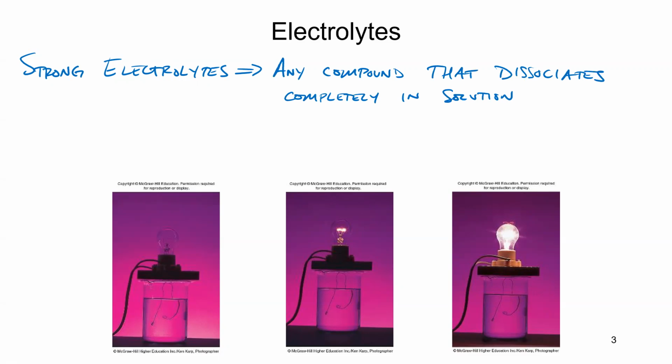Any compound that dissociates completely in solution. Now we have a new word here, dissociate. I didn't say dissolve, but I said dissociate. We're gonna circle back to that on the next slide.